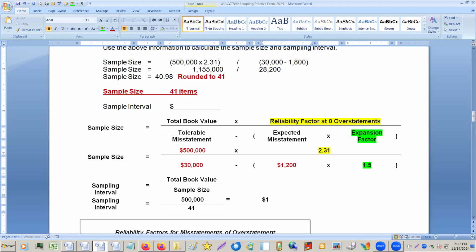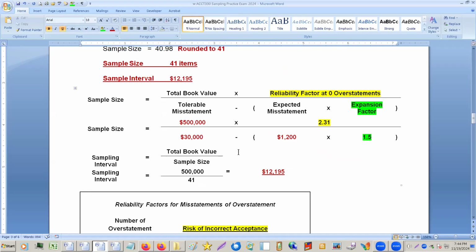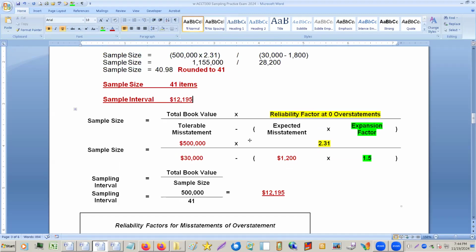So take 41 items, every 12,185. So the first one would be 12,185.